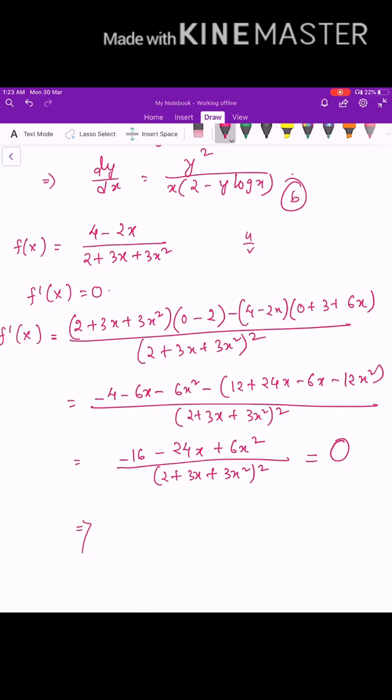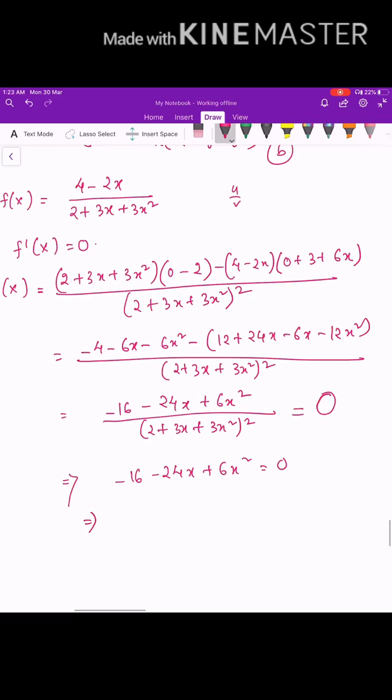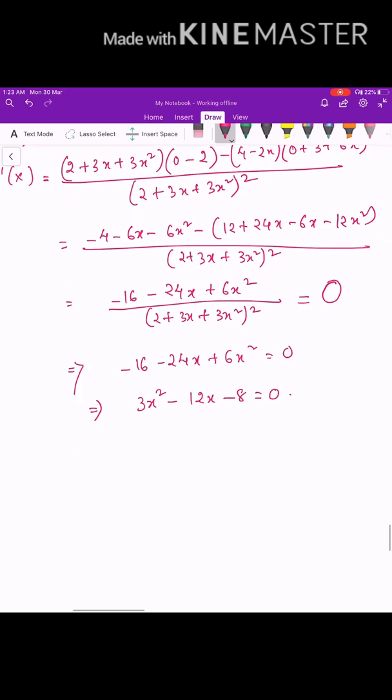If I cross multiply, I get minus 16 minus 24x plus 6x square is equal to 0. I divided by 2 and arranging, 3x square minus 12x minus 8 is equal to 0.